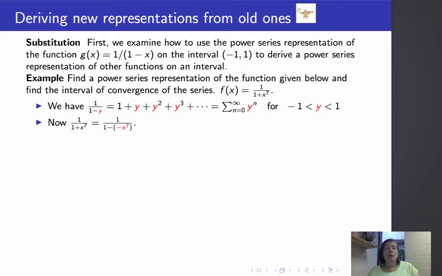Now, I'm going to let y equal minus x to the 7. So now I know that 1 over 1 plus x to the 7 is 1 over 1 minus minus x to the 7.